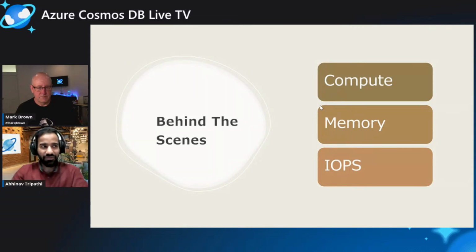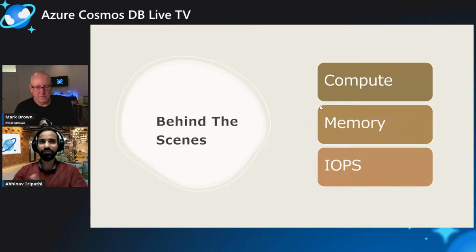So if somebody comes to us and says, I have to do a write, how are you going to charge us? If I tell them that I'll charge you X amount for CPU, Y amount for memory, and Z amount for IOPS, it will get very confusing for the user. They'll keep trying to calculate how much for compute, how much for memory, and all that.